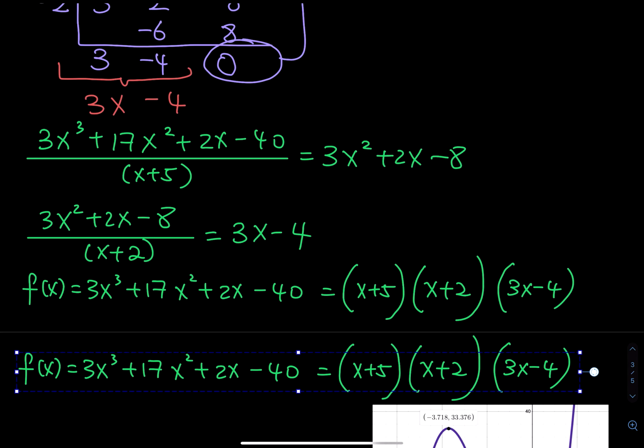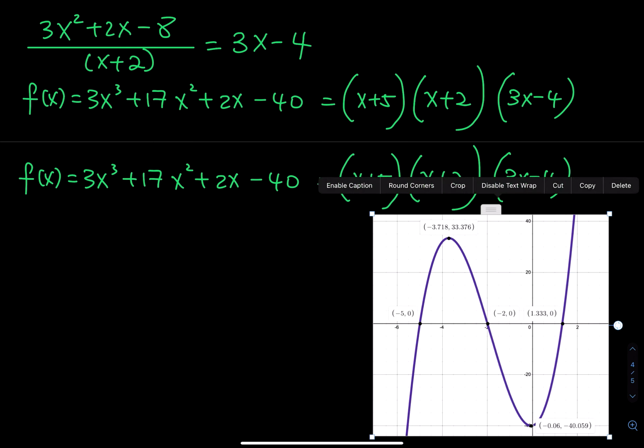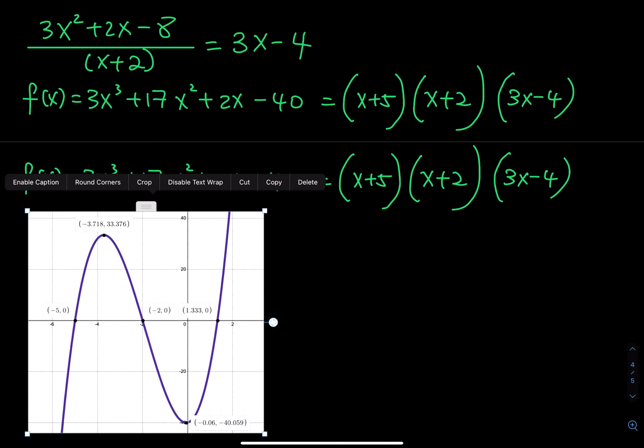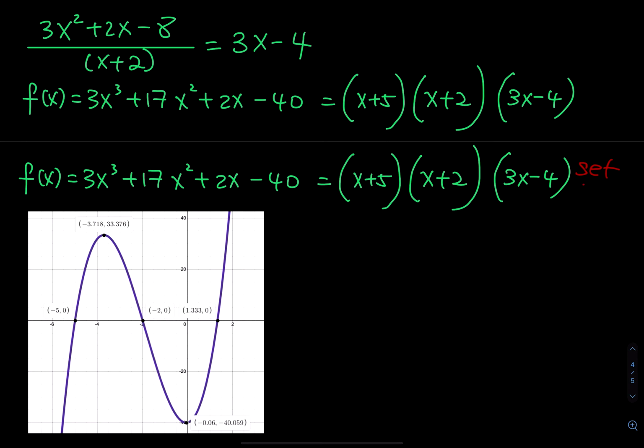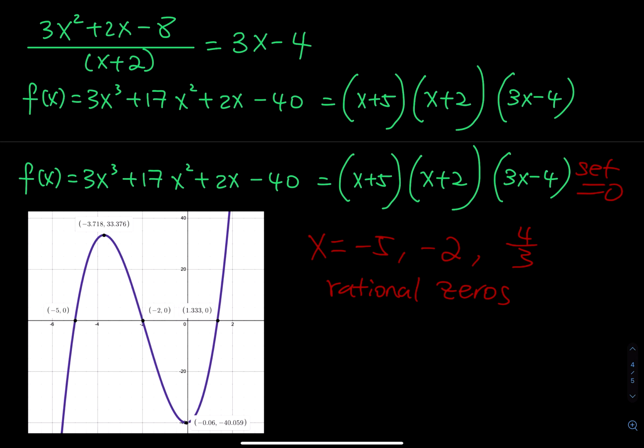Now, I am going to set the whole thing equal to 0. We will look at the picture, the graph, later. So you set that equal to 0, and then what do you get? You get x equals negative 5, x equals negative 2, and x equals 4 over 3, right? So they are rational zeros. You obtain this using the rational zero test.